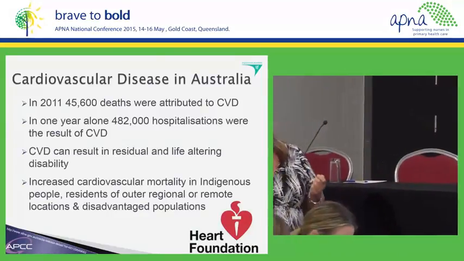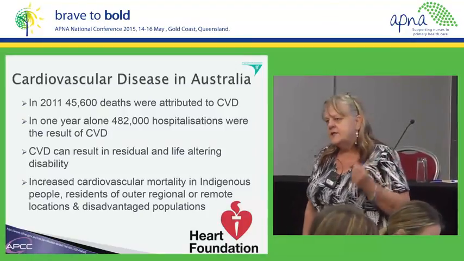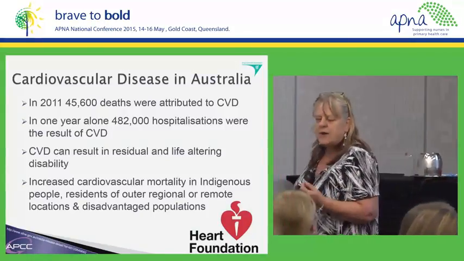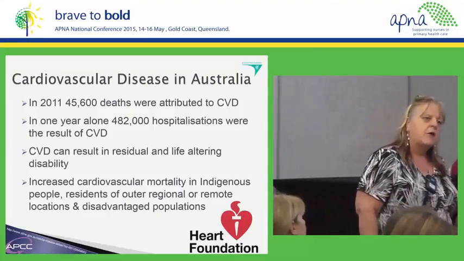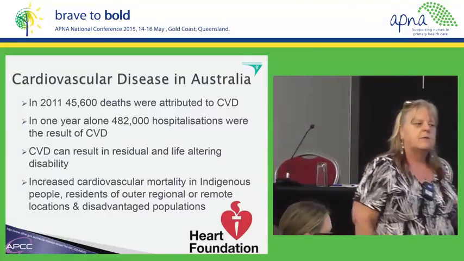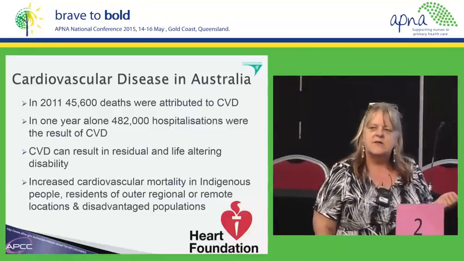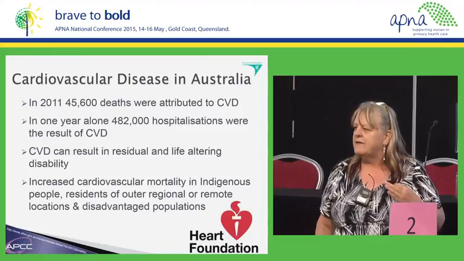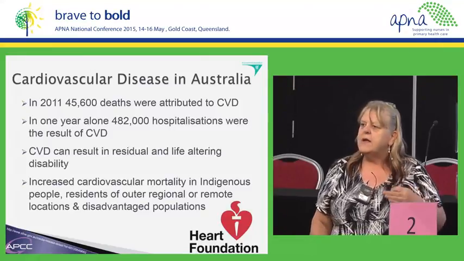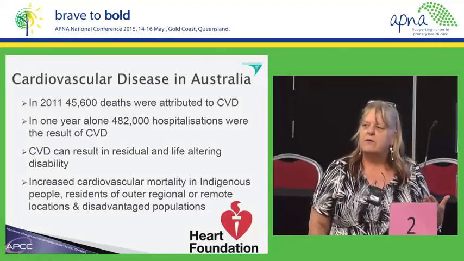We also need to remember that in socio-economic disadvantaged groups, in Indigenous groups, and outer regional and remote populations, we have higher risk of mortality with cardiovascular disease. That is the same with most chronic illnesses.